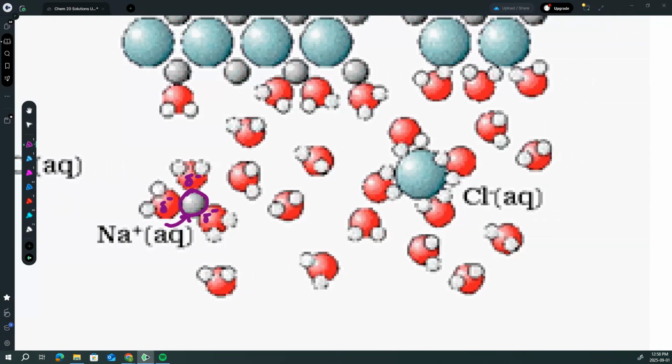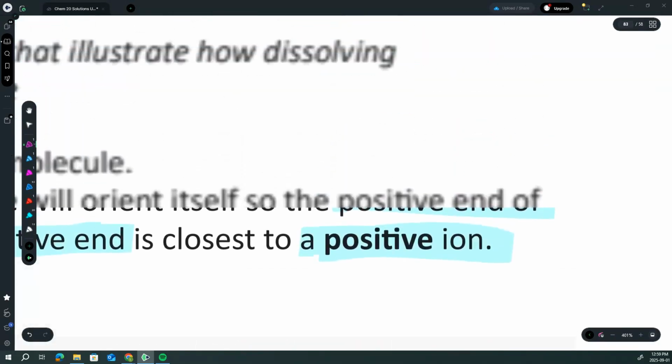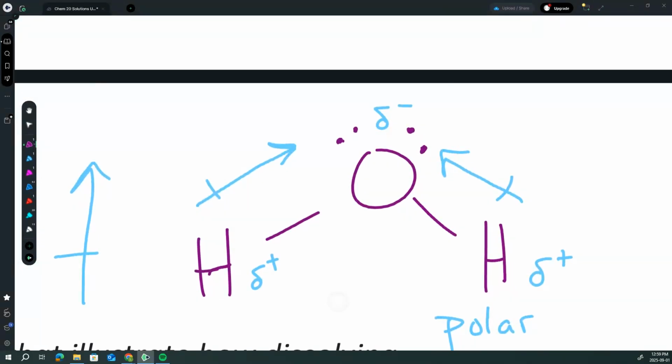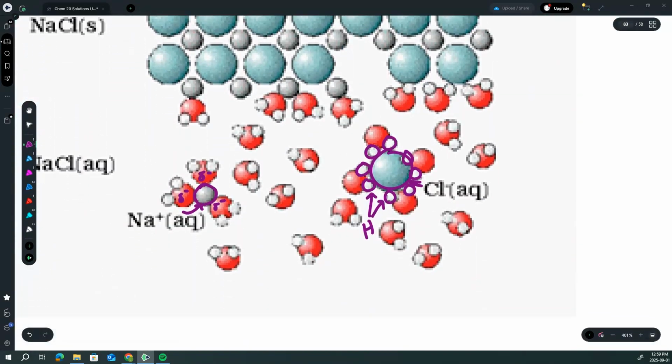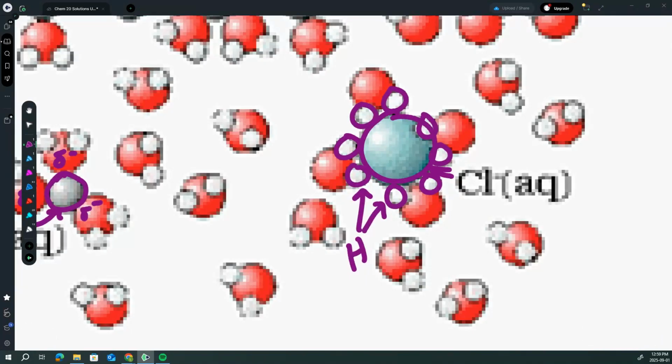Whereas if we're talking about the chloride ion, which is this bluey green ball here, notice these parts of our water molecules are supposed to represent the hydrogens, which, as we said, is where we have a slightly positive charge to our water molecule, and they'll be attracted to the negative ion, the chloride ion, which is also called an anion.